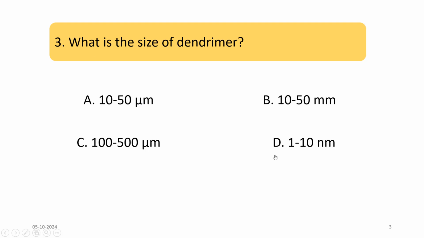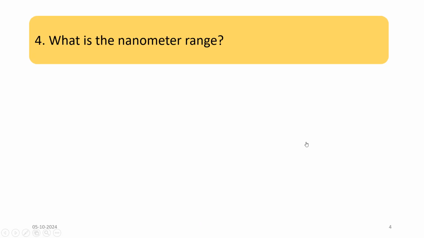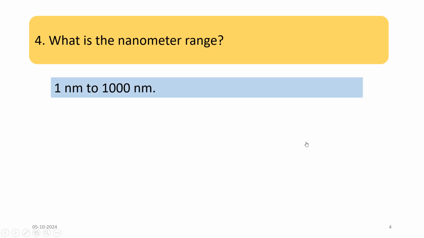Next, what is the nanometer range? As we know, the nanometer range is between 1 nanometer to 1000 nanometer. This is the total nanometer range.